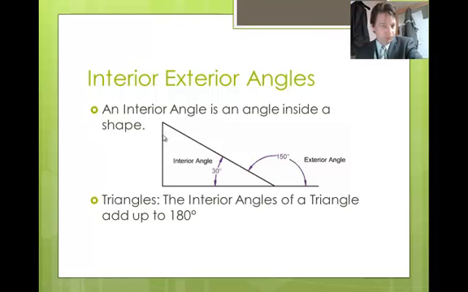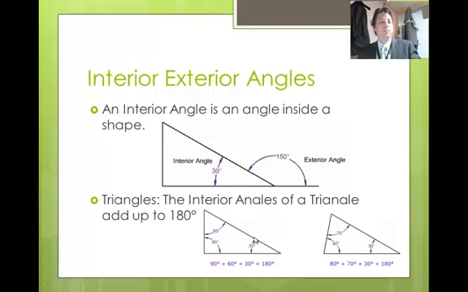All of your angles in here always add up to 180 degrees in a triangle. Like here, 30, 90, 60 adds up to 180. 80, 70, 30 all add up to 180. So the triangles always add up to 180 degrees.